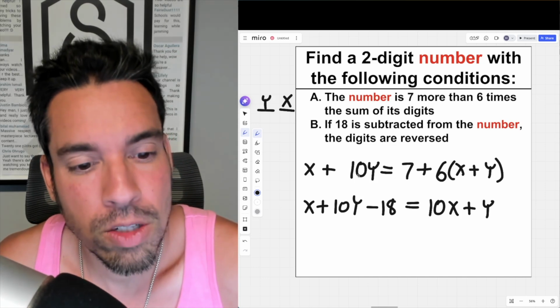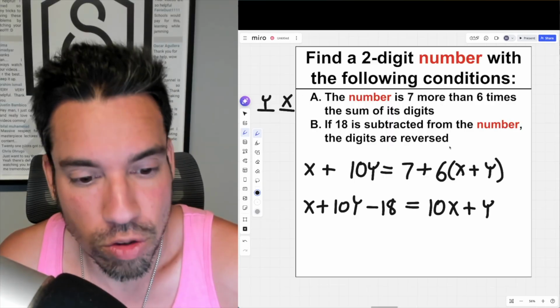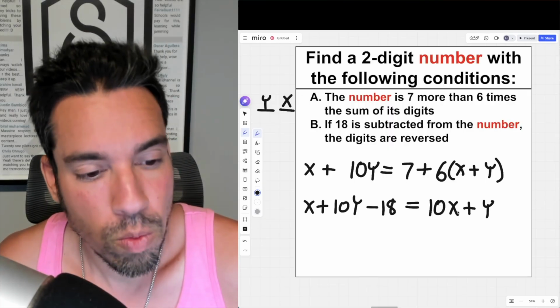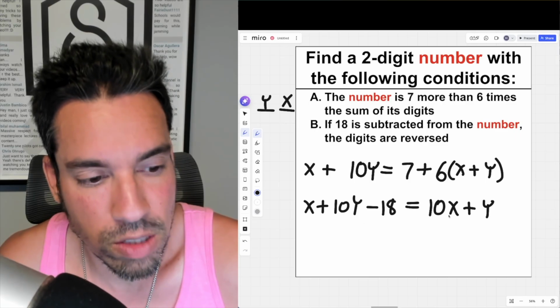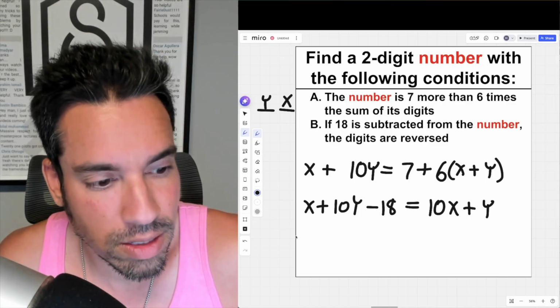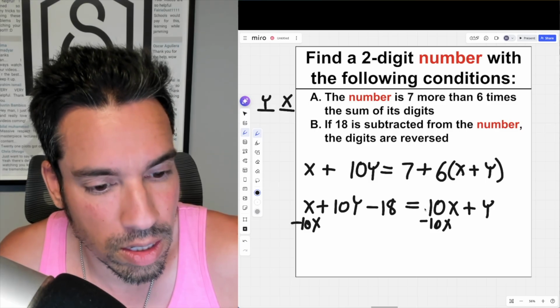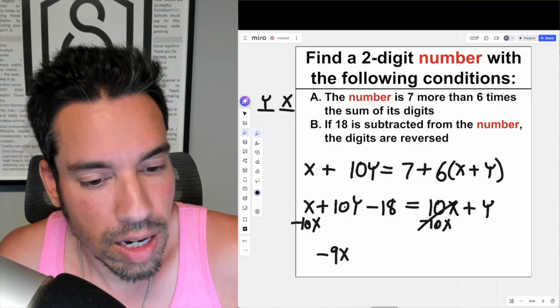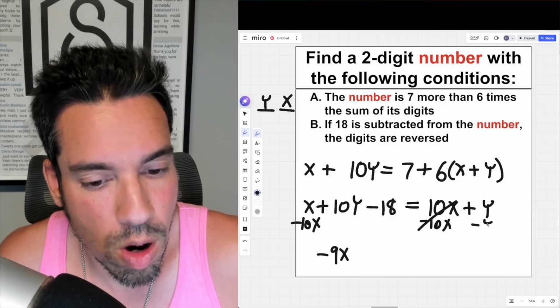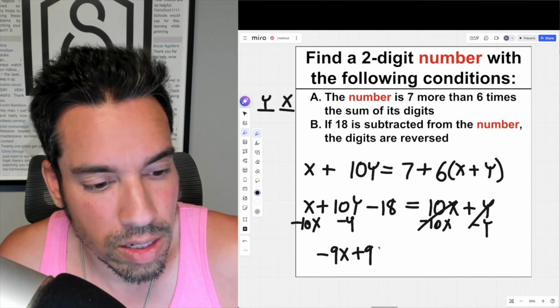What I'm going to do is distribute and consolidate variables. We're going to solve it like a traditional system of equations here. I'm going to get the X's and the Y's on the left, and the number on the right. For this bottom equation, I'm going to subtract 10x, X minus 10x, that's going to be negative 9x, and then 10y minus y, we're going to subtract y from both sides, gives me 9y, and then we're going to add 18 to the other side.